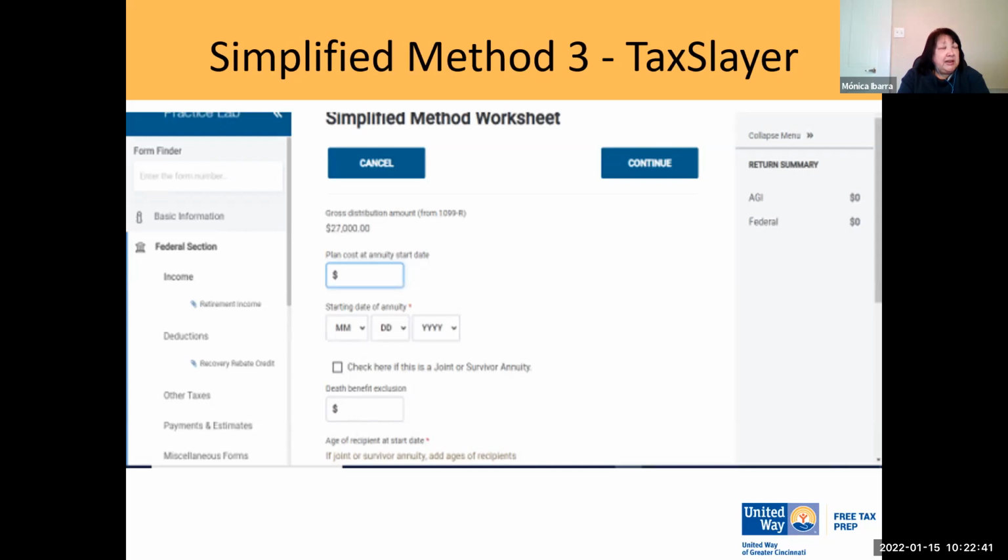If there's a star next to it, that's something you have to put in for it to calculate. So the starting date of the annuity, the person should be able to tell you when she started getting the first payment. And then down here, it says, if a joint or survivor annuity, add ages of recipients. That's not an intuitive ask.